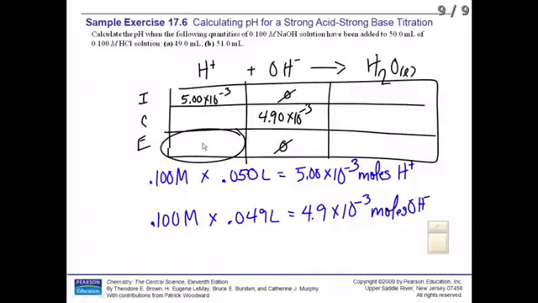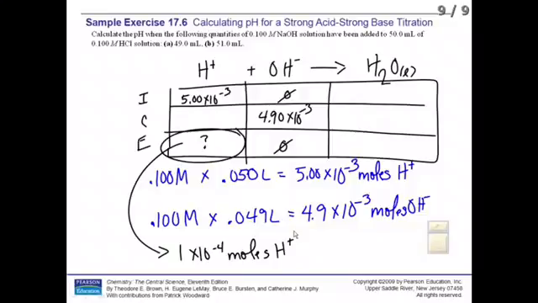But the question is, how much is left here, right? Because it doesn't look like all of it was used up. So you're going to take 5.00e-3 and subtract 4.9e-3. You should get, when you subtract, 1.00 times 10 to the negative 4 moles of H+.